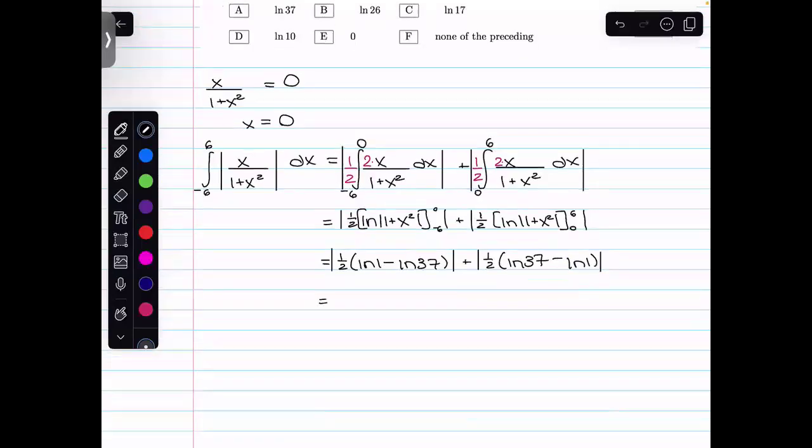So here you get absolute value of -1/2 ln of 37. ln of 37 is definitely positive, because if you know how ln looks, when you put in 1, you get 0, and so when you put in 37, it's definitely positive. So to make it positive, we can just remove the negative sign. And the other one is already positive. And then when you simplify, you just get ln of 37.